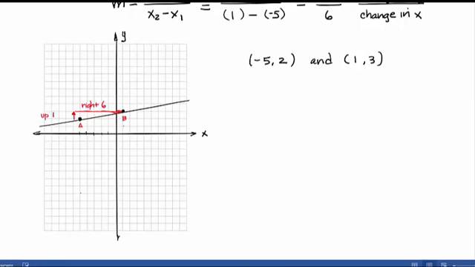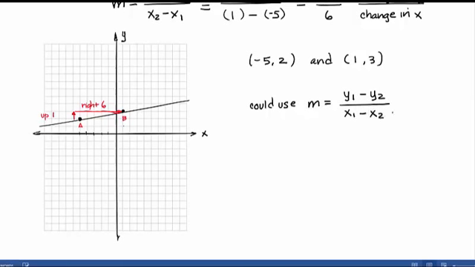Now, as long as you're consistent, you can interchange your 2 points. So we could also use our slope equals y1 minus y2 over x1 minus x2.